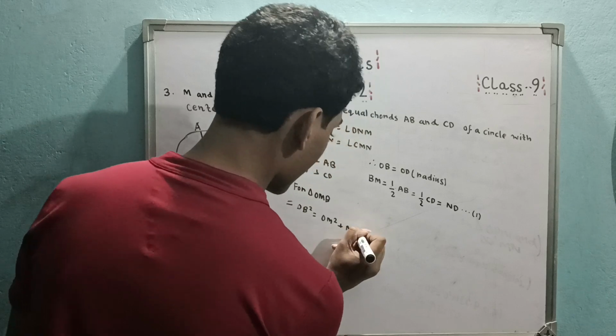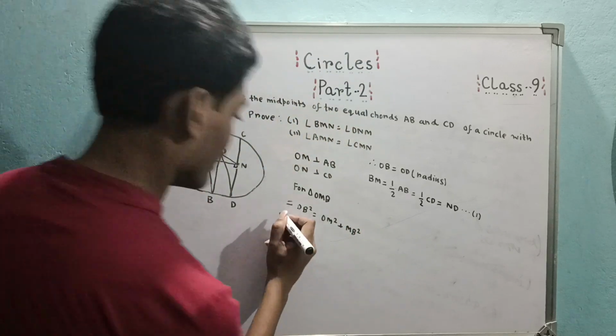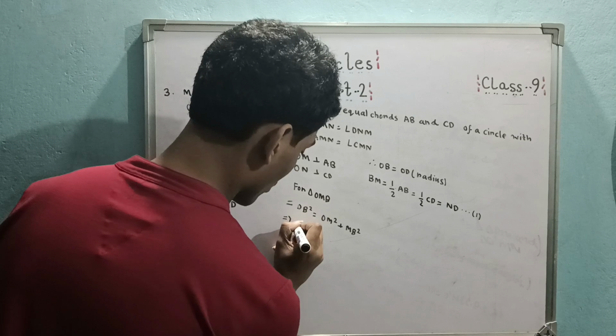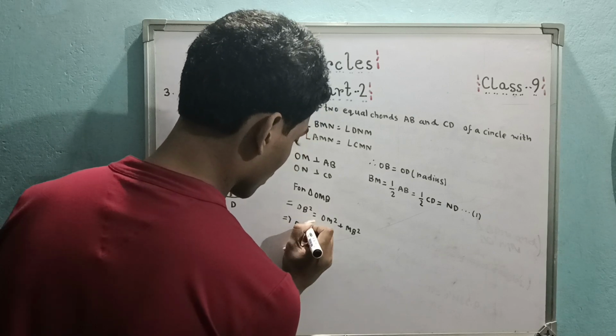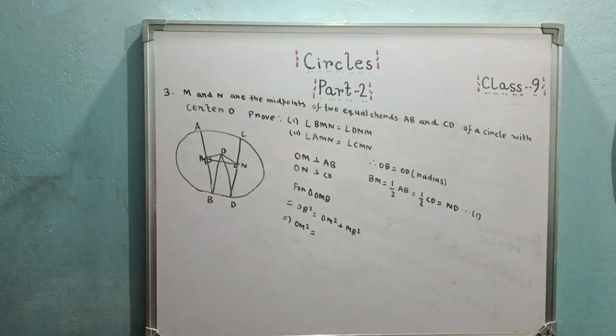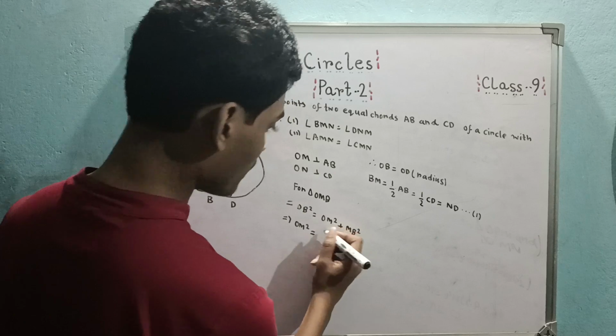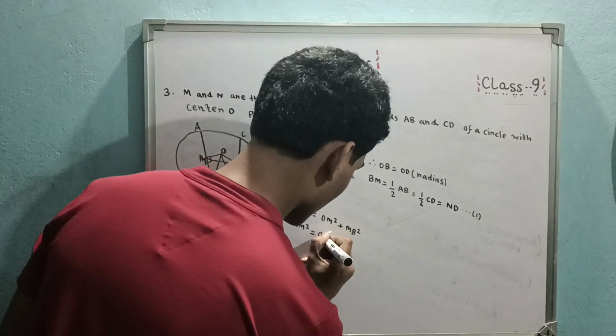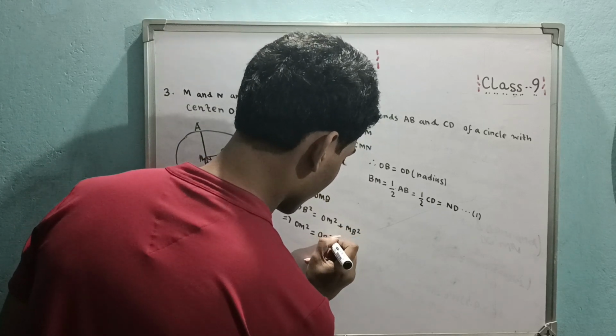Okay. Now if I take OM square to one side, OM square equal to OB square minus MB square.